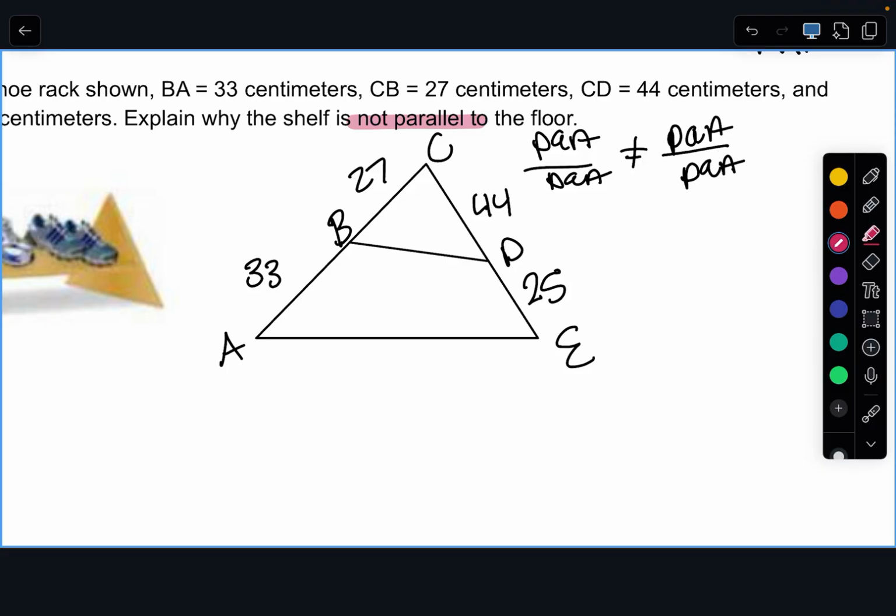So let's look at this orange side first. What two numbers are my parts? 27 and 33. What can I divide both 27 and 33 by? 3. And I would get 9 over 11.